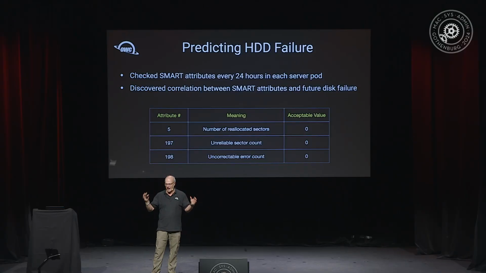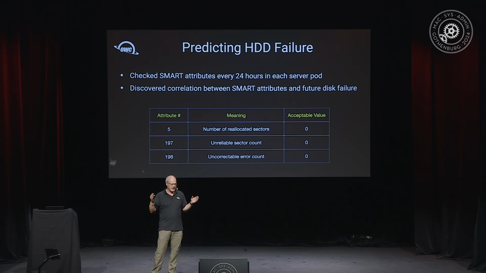And if it was a drive failure, they went back in time and asked, is there an event that happened in the SMART data beforehand that is predictive, that has a correlation? And what they found were 3 SMART parameters that were highly predictive of a hard drive failing.